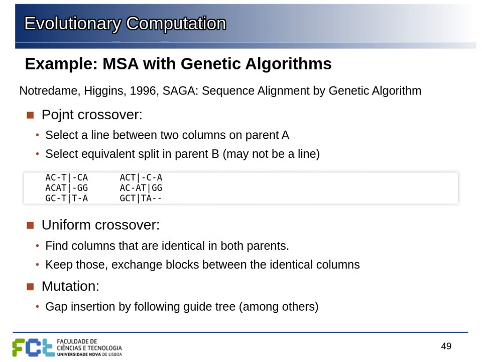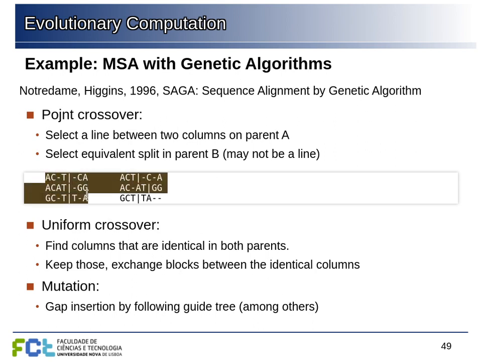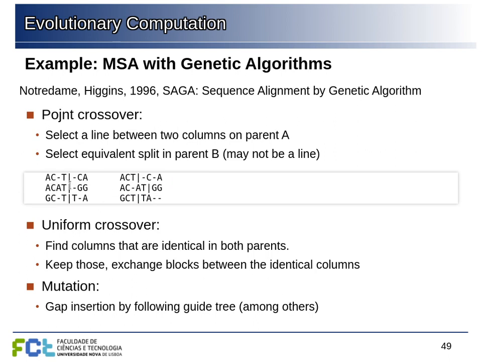Now, the way to do this crossover, to mix two individuals, was using a point crossover. So in this case, for this particular application, the authors chose, given two parents, suppose that this is parent A and parent B. These are two multiple sequence alignments.